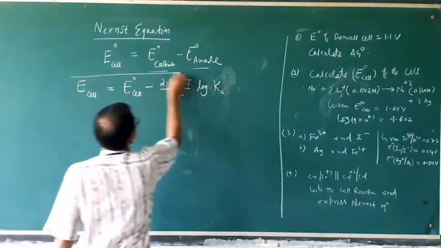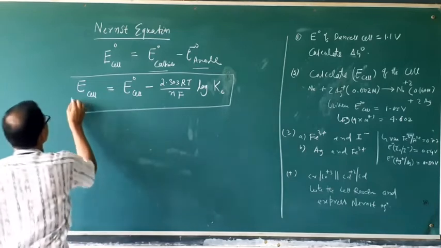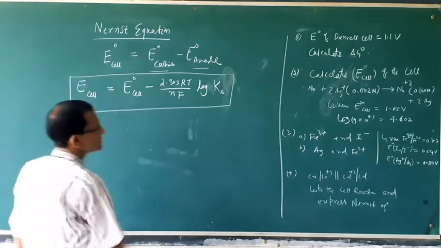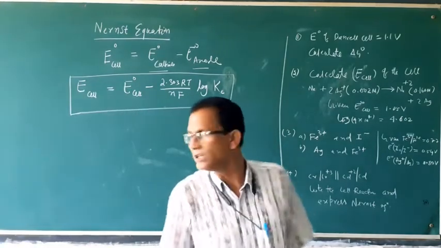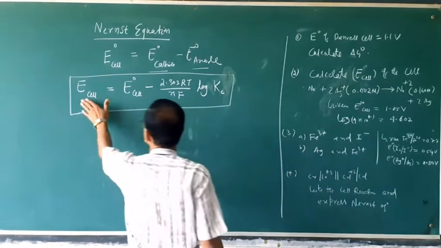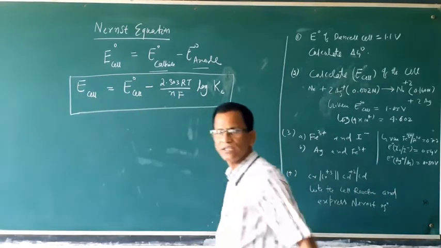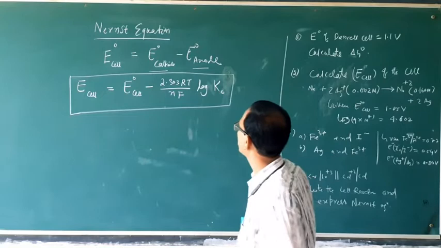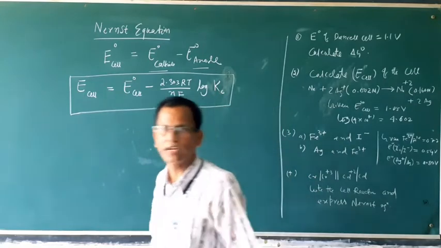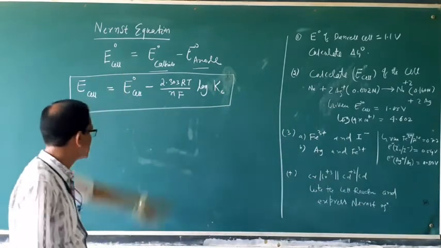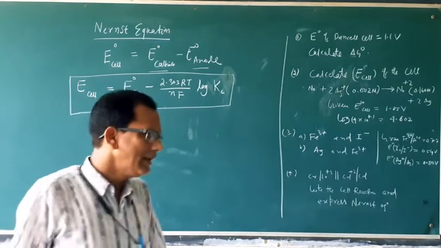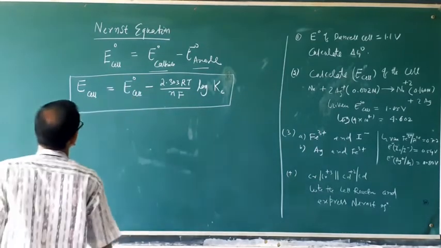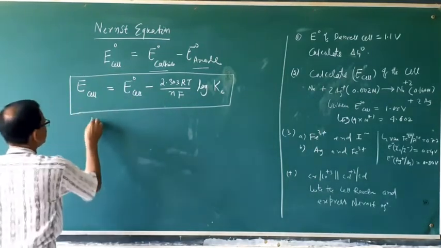This relation is the important relation between cell potential, standard cell potential and equilibrium constant, derived by Nernst. Let us take a half cell.